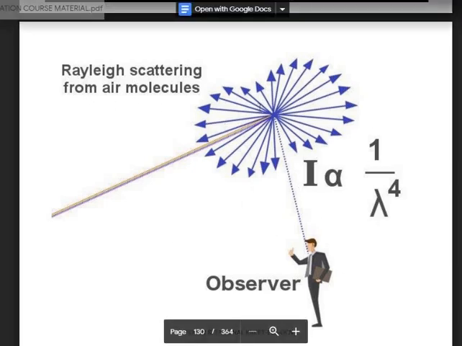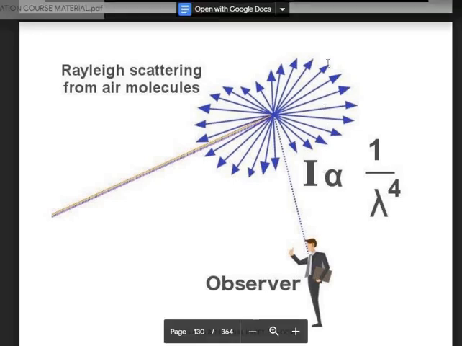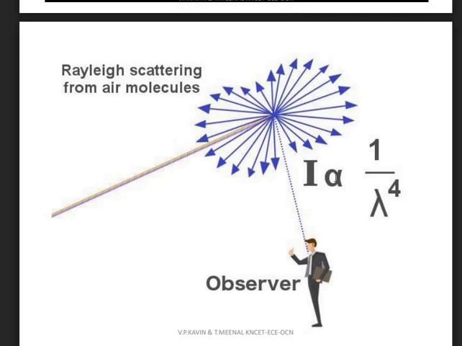Consider Rayleigh scattering from air molecules and the observer. The scattering is almost in all directions and produces an attenuation that is proportional to the fourth power of the wavelength.